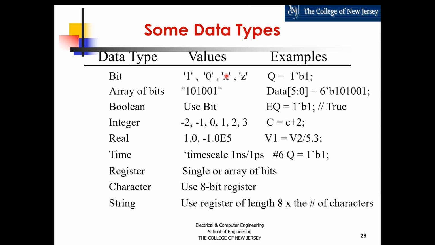In your simulator, X's are going to show as red. If the simulator doesn't have enough information to resolve a value and come up with an actual 0 or 1, it's going to throw you an X. It says, it's X, it's unknown. That's your first step to start looking for a bug in your design. You should have no X's.